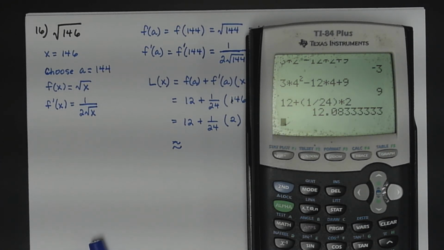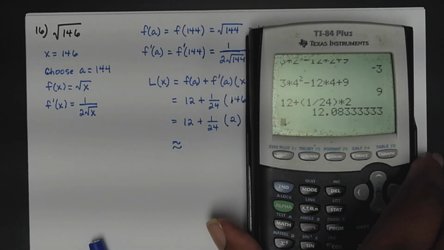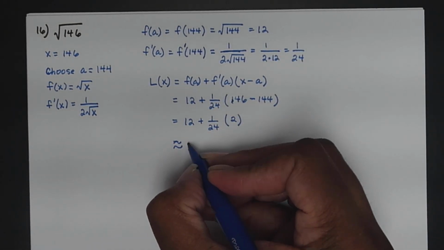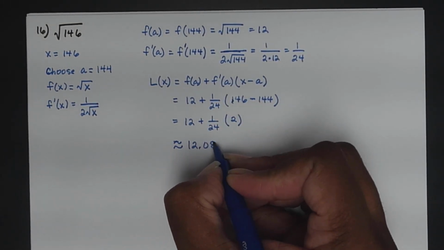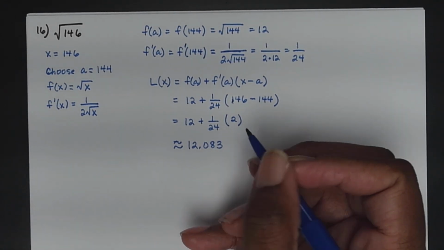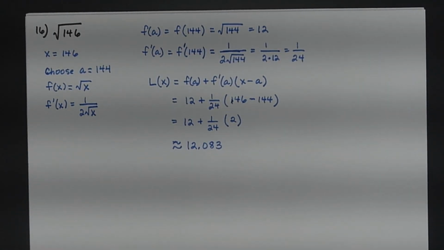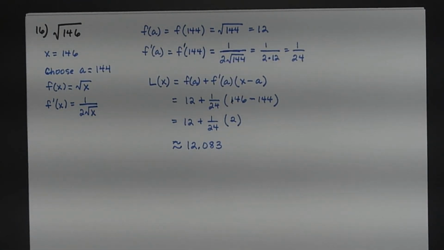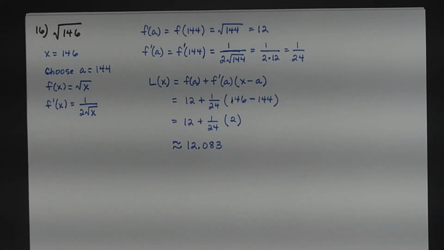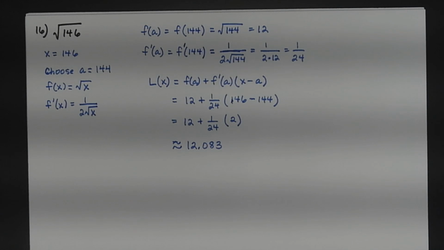And to 3 decimal places, this will be approximately 12.083. Okay, so that would be the approximate value for the square root of 146. Okay, so that's problem number 16.